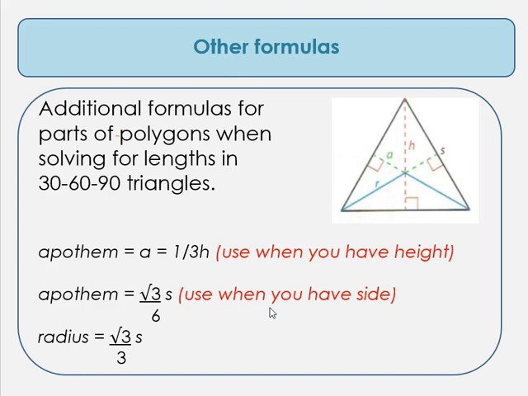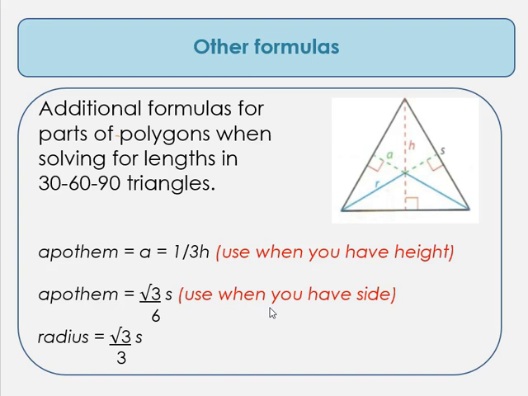So we have some other formulas that you might use as you're coming across information, just because you won't have the information you need to solve other things. So you can solve an apothem if you know the height, and this works particularly well in triangles.